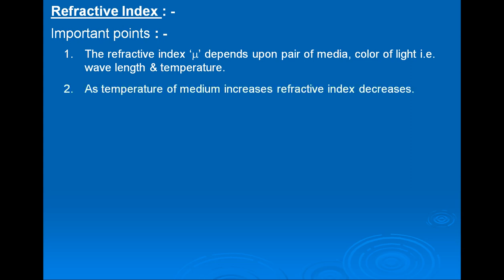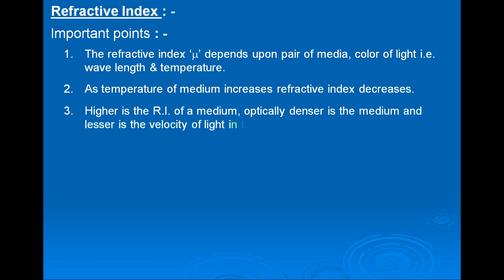As temperature of the medium increases, the refractive index decreases. Higher the refractive index of a medium, the more optically denser the medium is, and lesser is the velocity of light in that medium. So these are the important points for refractive index of a medium.